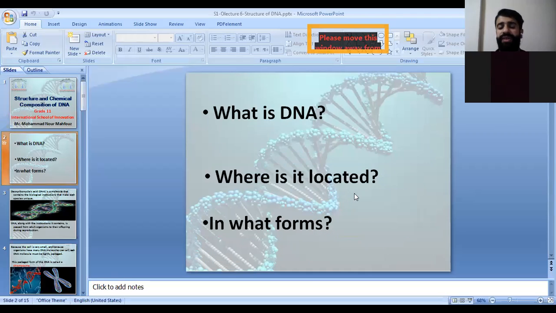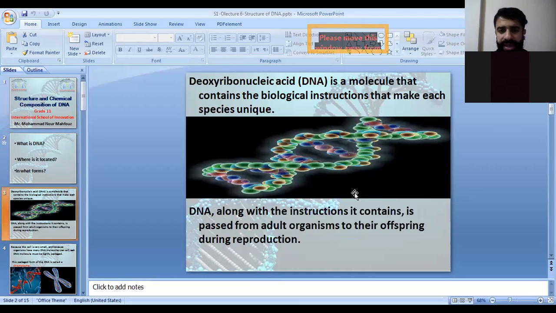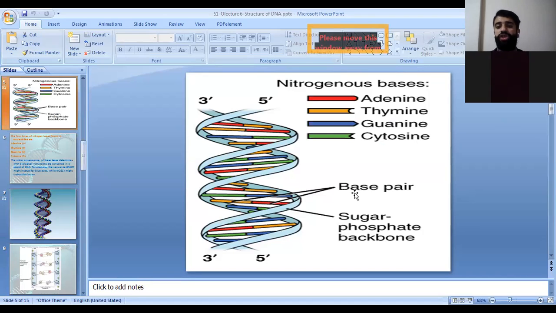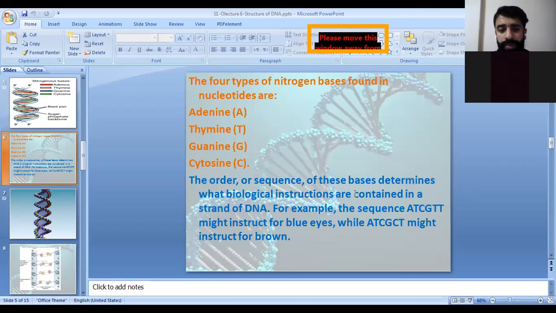So here we identify the different forms. We identify the structure of DNA, located inside the nucleus, and transmitted from the parent to their offspring, genetic reproduction. You have to know that the package form of the DNA is called the chromosome. You have to know that the nitrogenous bases are A, T, C, and G. A and T are complementary, while C and G are complementary.